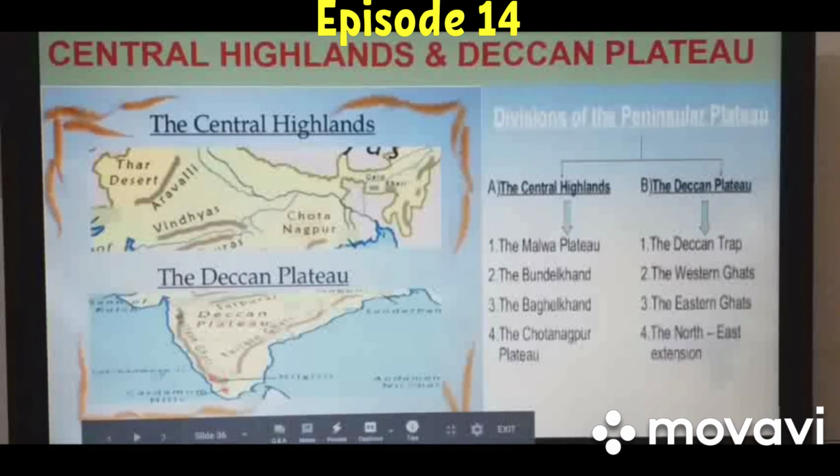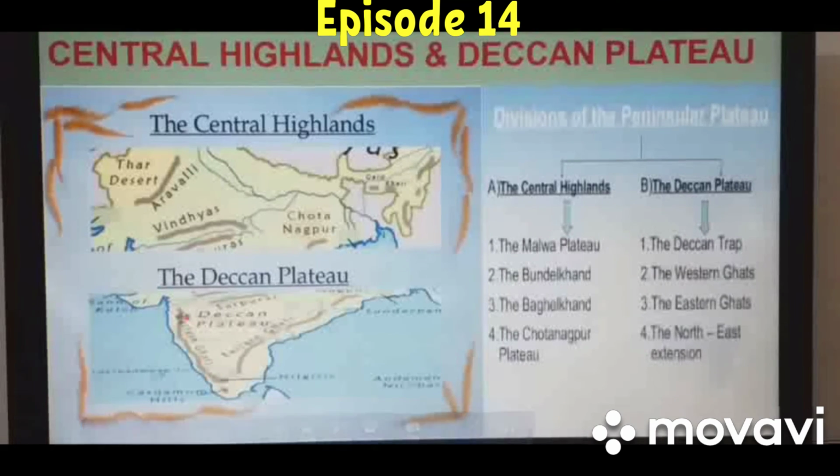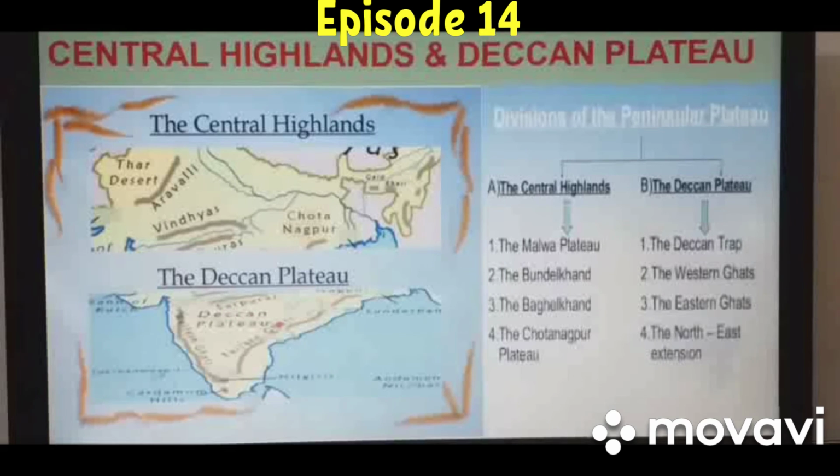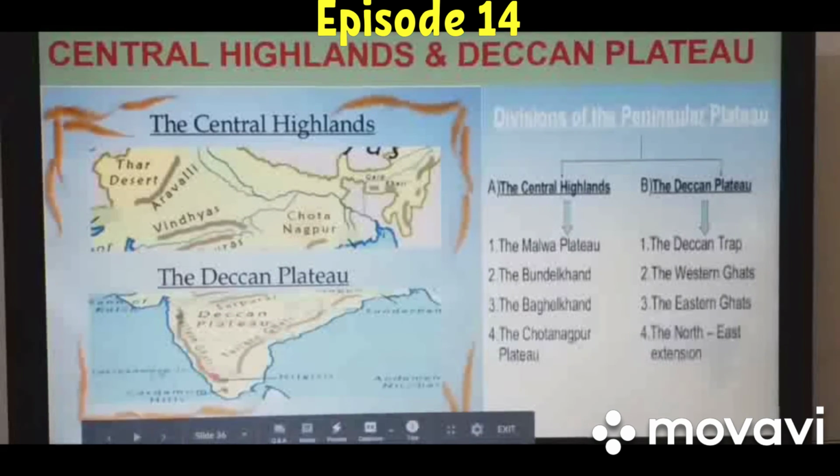Most of the rivers which originate from the Western Ghats, either Godavari, Krishna, Kaveri, Tungabhadra, a number of rivers, take their route towards the east just because of this higher elevation in the west and lower elevation in the east.